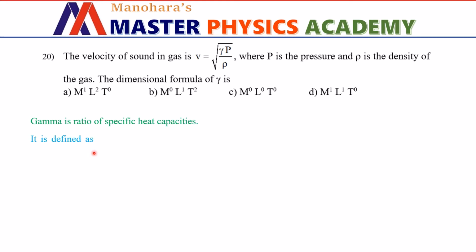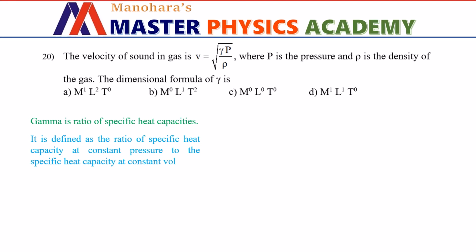According to the definition, it is the ratio of specific heat capacity at constant pressure to the specific heat capacity at constant volume. Therefore, it is a dimensionless quantity. The dimensions of gamma are M0, L0, T0. Option C is the right choice.